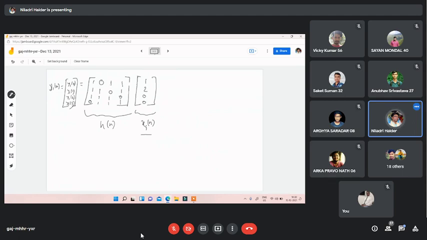That is your hn, and that is your xn. So simply if you multiply, you will get your y1n, and if you check it, the value will be 1 3 3 2.